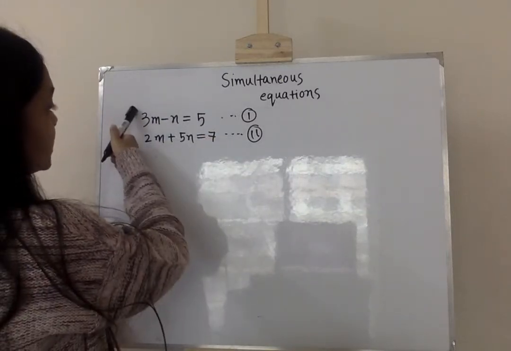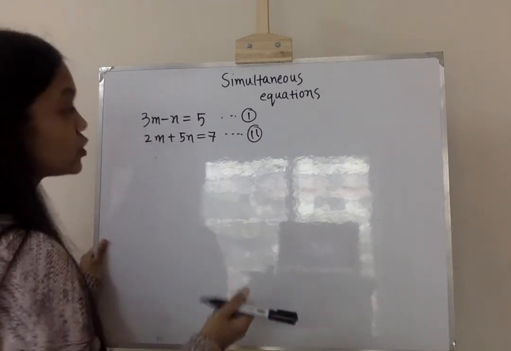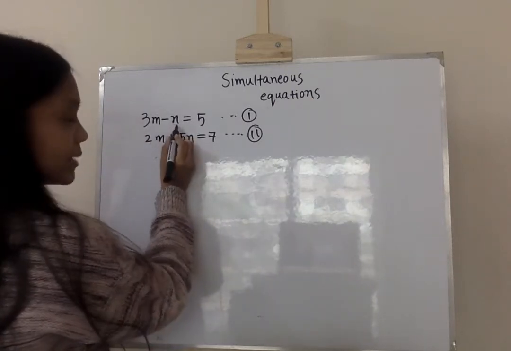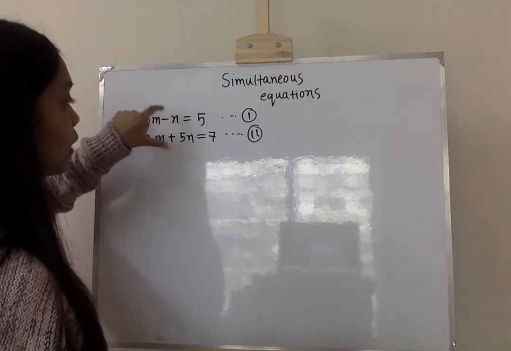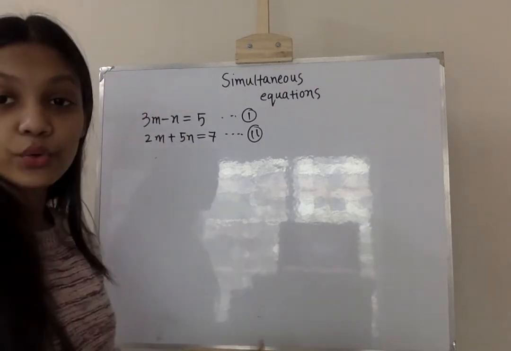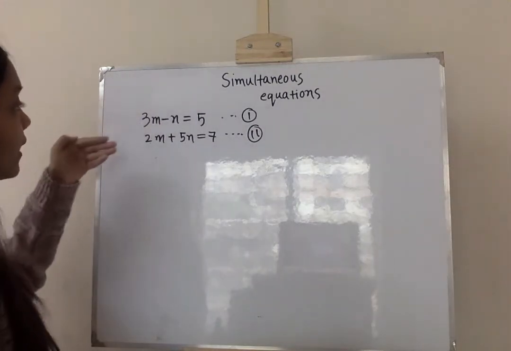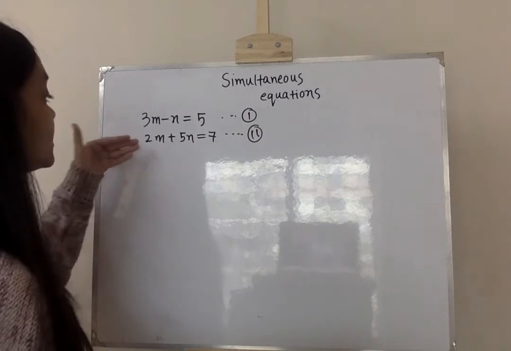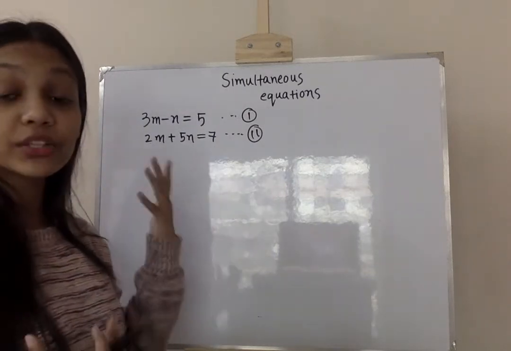We can either multiply this entire equation by 5 so that minus n becomes minus 5n, so that we can easily cross out n. But I want to show how to solve if the coefficients are like 3 and 2. There isn't any way that you can multiply 2 with any number to make it a 3, right?